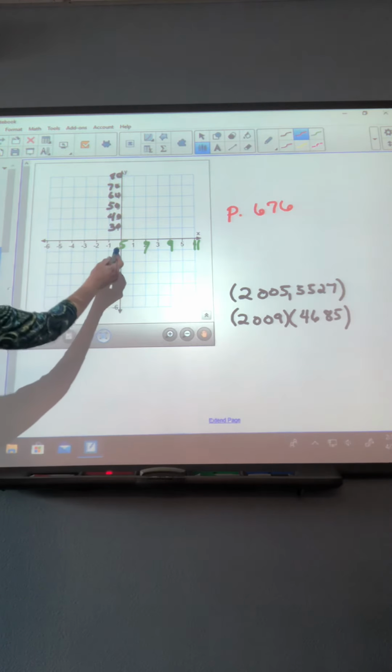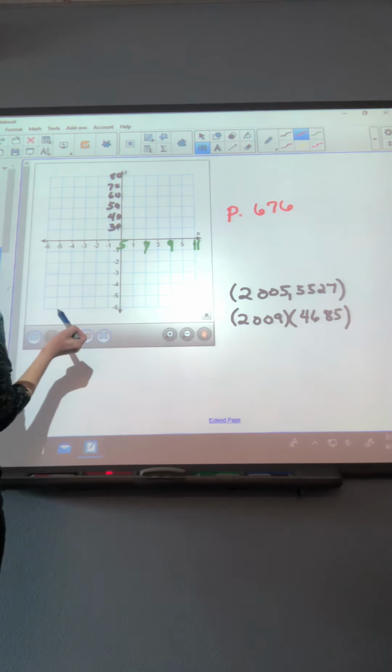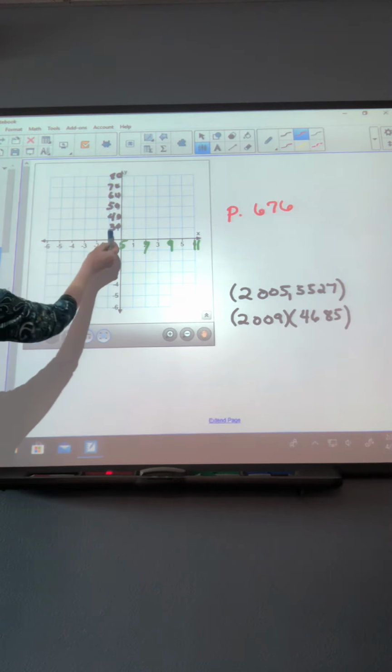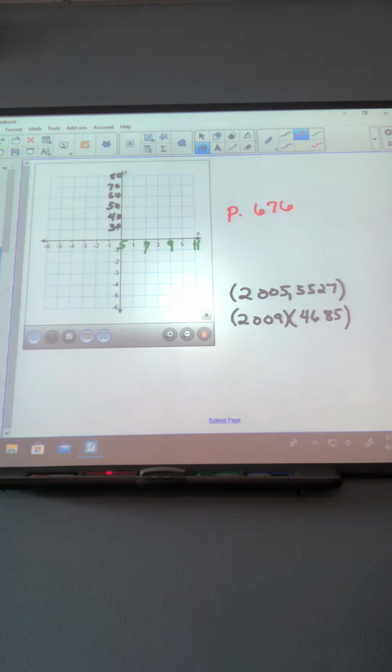So we started 2005, 2007, 2009, 2011. And then on my y-axis, I have the circulation in millions. So this would be 30 million, 40 million, 50, 60, 70, 80 million, and so forth.